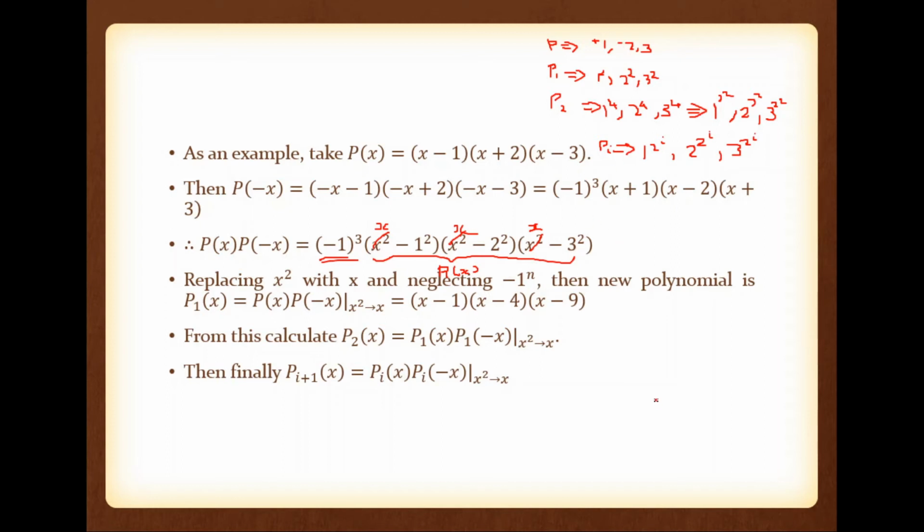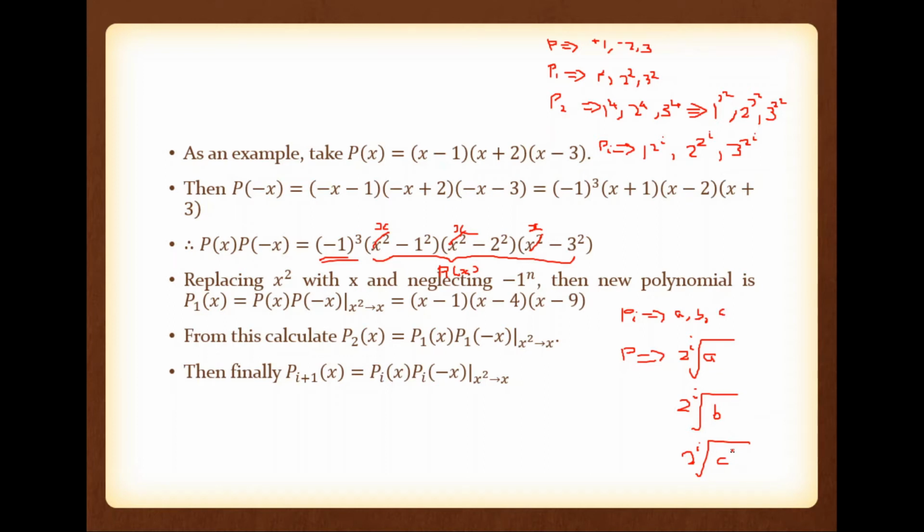If the roots of Pi are a, b, c, then the roots of P are the 2 raised to ith root of a, of b, and of c. Through an example you can understand that.